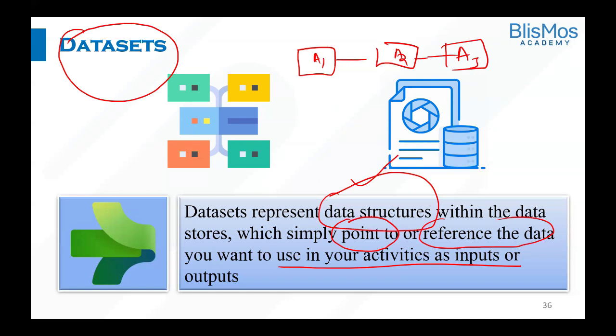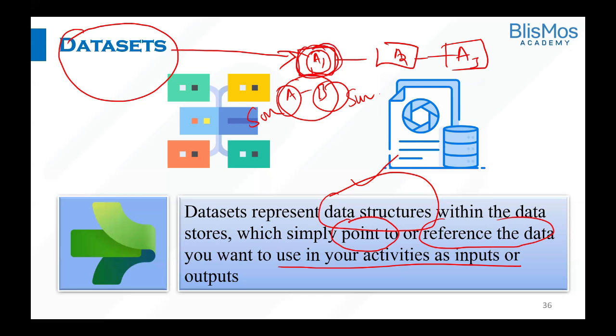Now, assume this activity is moving the data from point A to point B, from source A to source B. In the activity, there is something called a data set. That data set is not the actual data. It merely points to where the data is. For example, the data set used here in activity 1 is a reference.